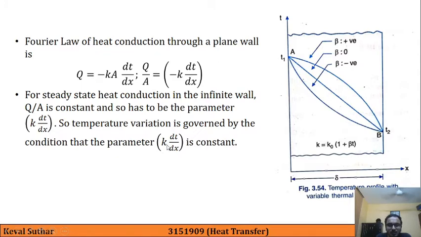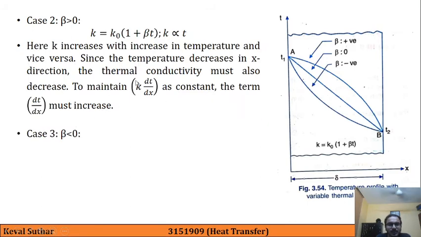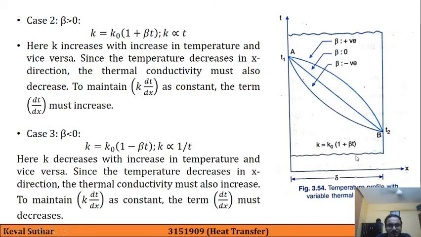So here we took different cases, beta equal to 0, beta greater than 0 and beta less than 0, and maintaining this term constant we can obtain the temperature profile for variable thermal conductivity.